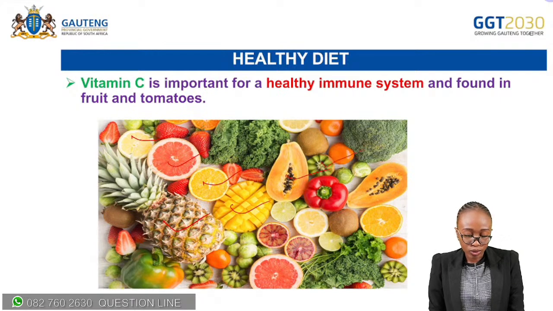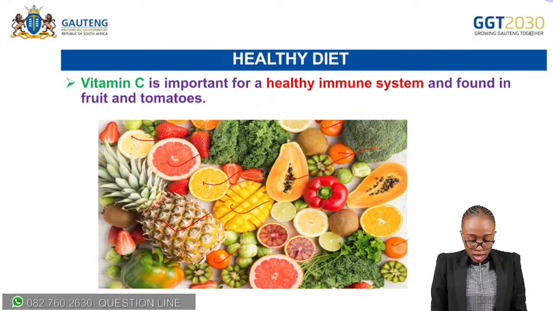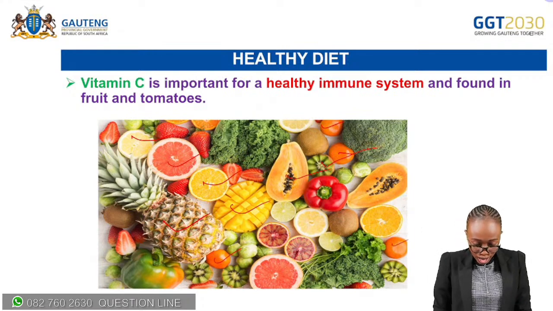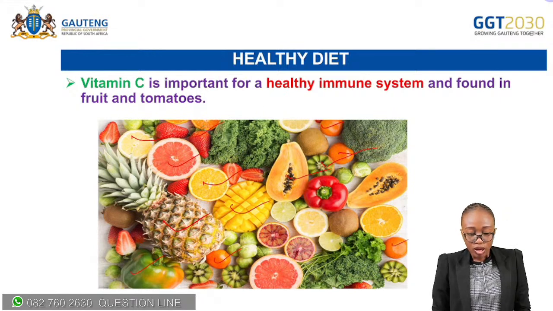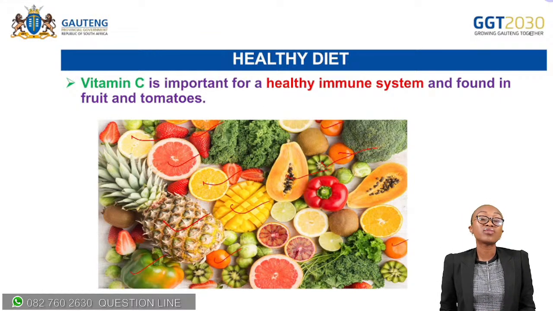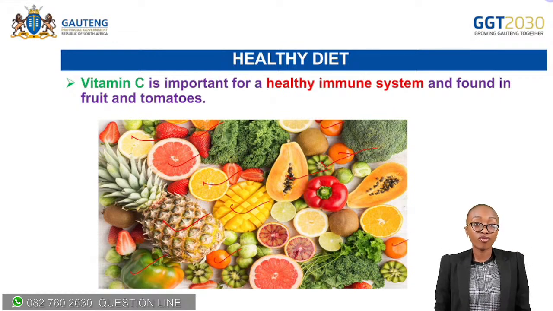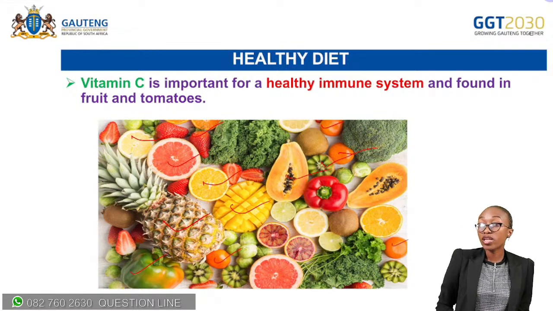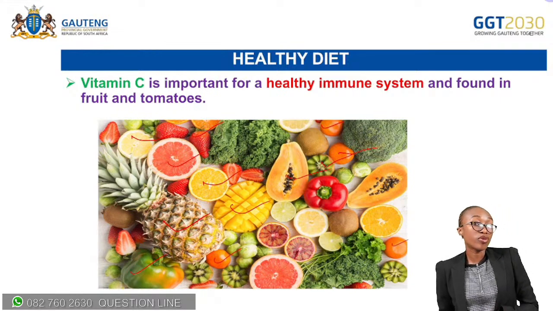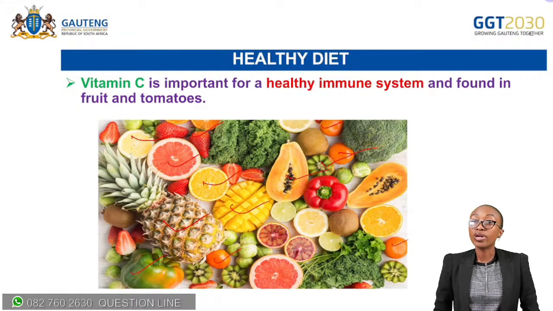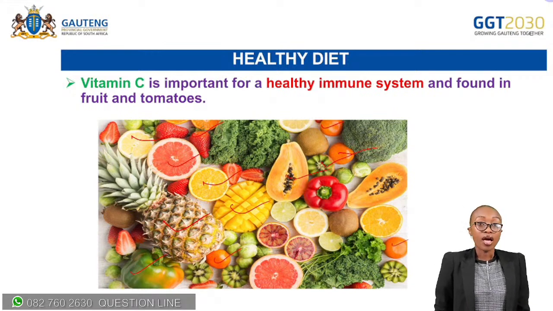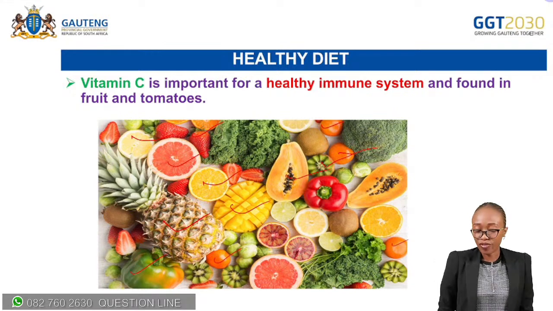Ooh, we've got a kiwi there as well. And those tomatoes that I was talking about, there are a couple of them in there. And we also have peppers and strawberries. So we find vitamin C in a vast number of fruits. Okay, if you can't find a pineapple, get yourself an orange. If you cannot find an orange, get yourself a lemon. Let's move on.